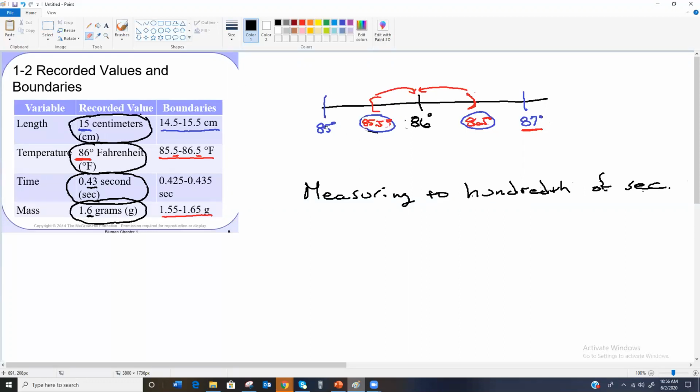Because it's to the nearest 100th, that means our boundaries are going to have to be to the 1000th. So in the middle, we're going to have the 0.43. Okay, what's the reportable value under 0.43 if you're reporting to the nearest 100th? 0.42.